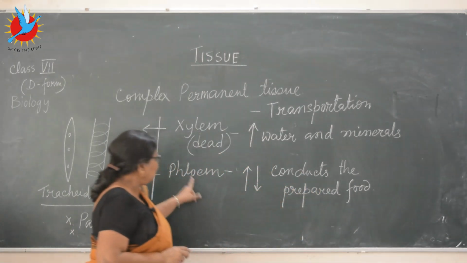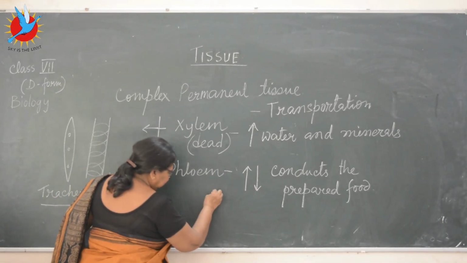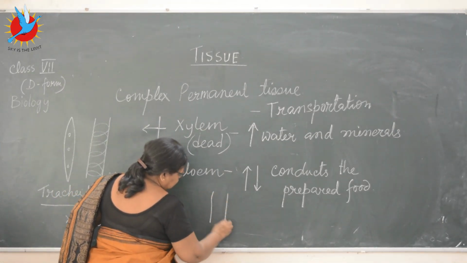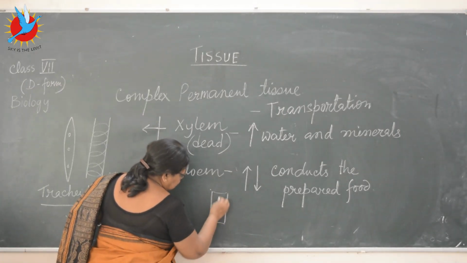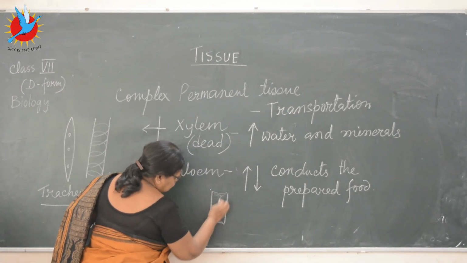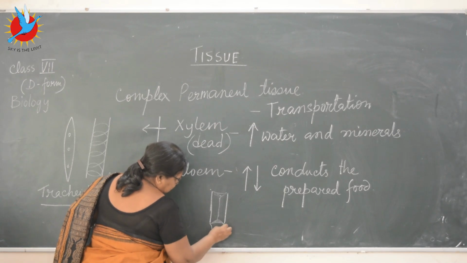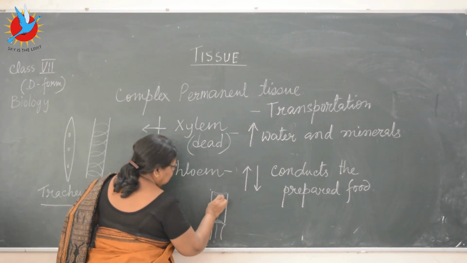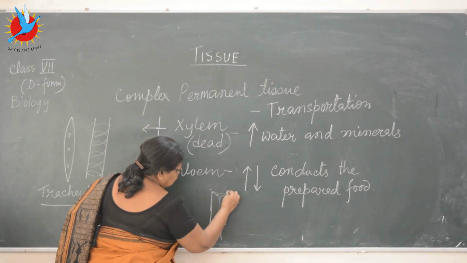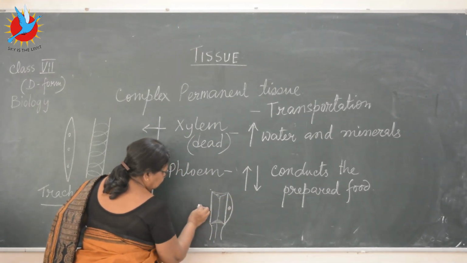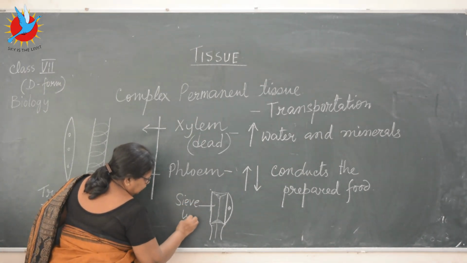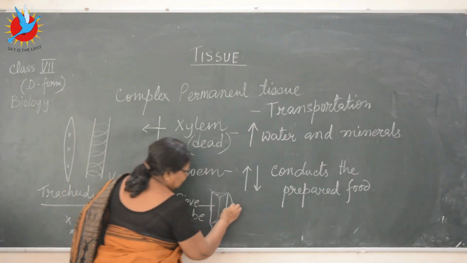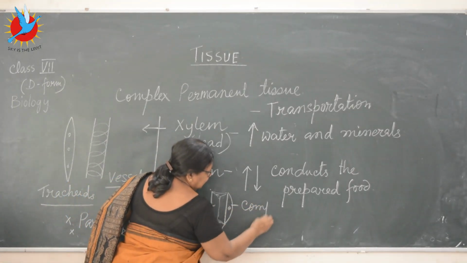And now let's take the phloem. This is called the sieve tube, and this is called the companion cell.